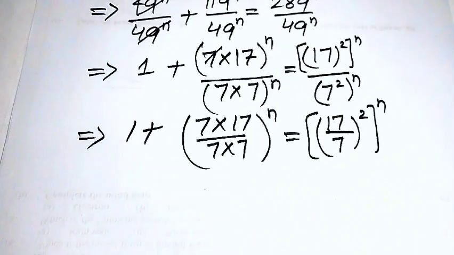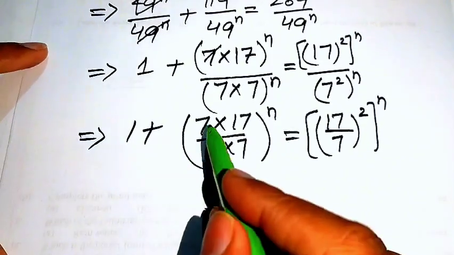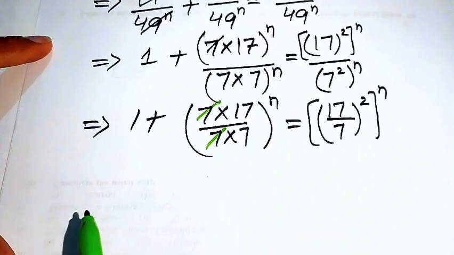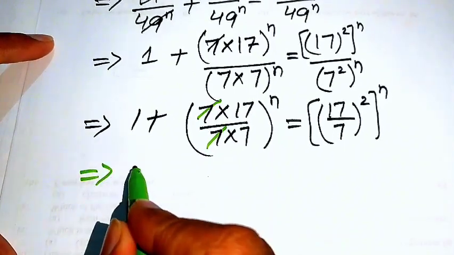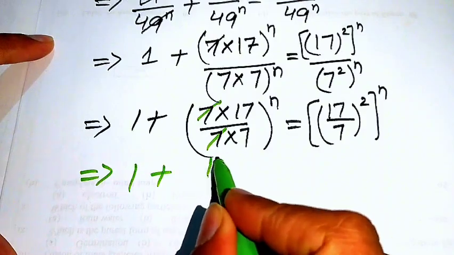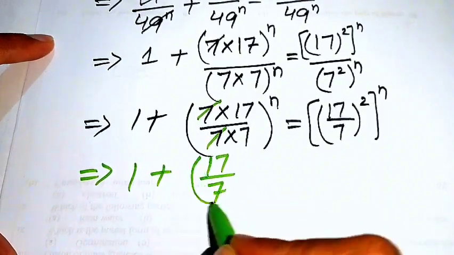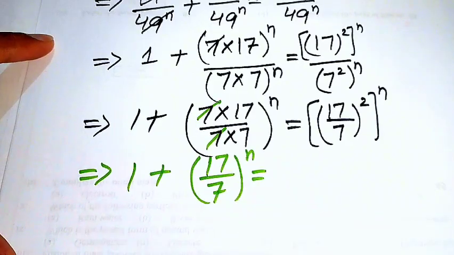In the next step you focus here on the left hand side and you see that the 7 and 7 are cancelled by each other and we obtain here 1 plus 17 over 7 and its whole power n.